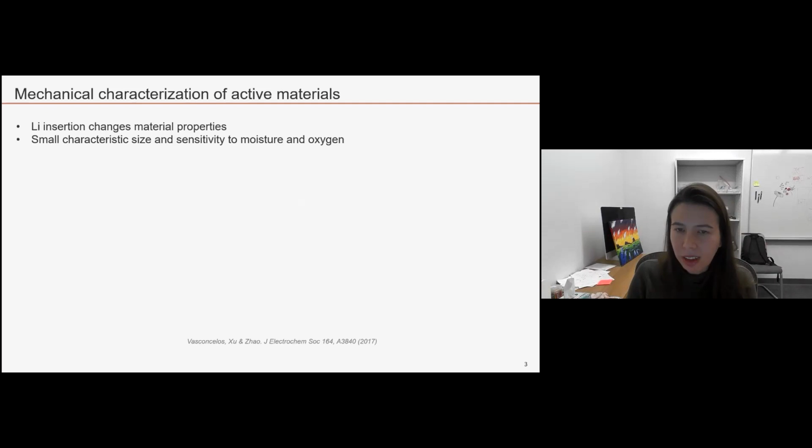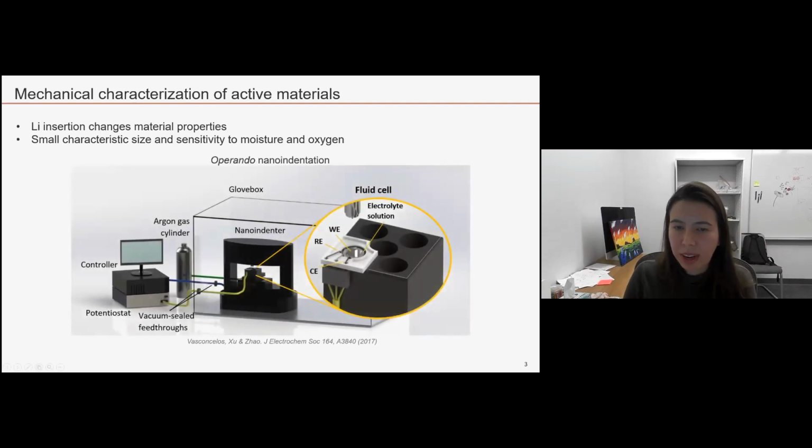So for that reason, we integrated this platform to study specifically these active energy materials. We use nanoindentation to probe the materials, but this nanoindenter is inside a glove box with inert gas so that we can have the cell that holds the electrodes opened, so that we can access the electrodes with the nanoindenter and indent inside the cell.